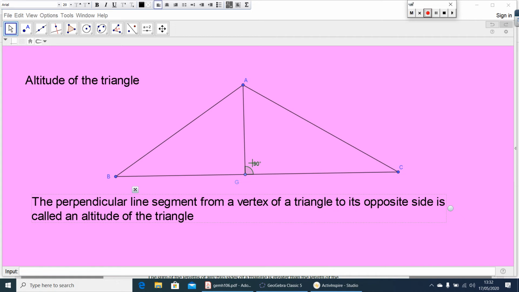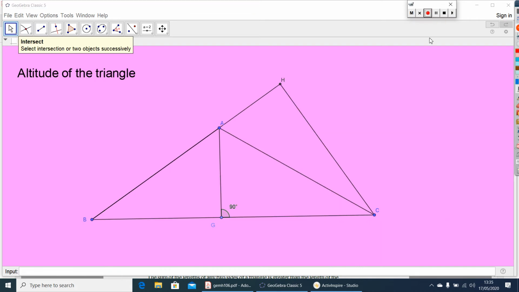Now how many altitudes can you draw? From A you drew one, similarly from B also you can draw an altitude, and from C also you can draw an altitude. So let us draw these altitudes. CH is the altitude from C to AB because it will come outside AB.